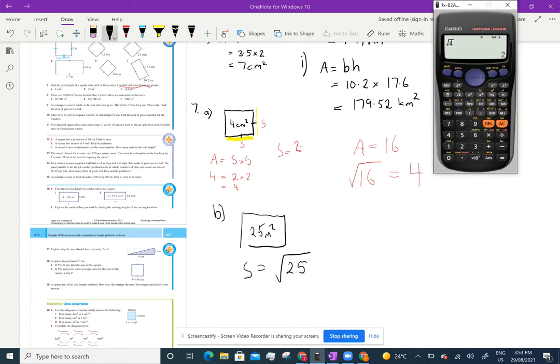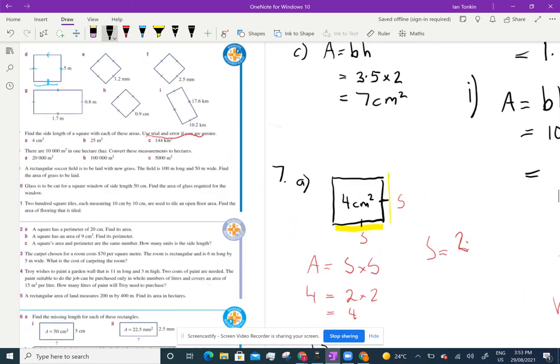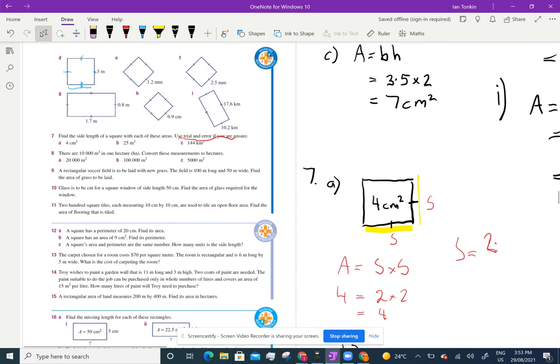Again, I'll just go straight to my calculator and I go square root 25, 5. So the side length is 5. And what that is telling me is that 5 times 5 equals 25. So I can get the side length that way. You do the last one there, 144, on your own with a calculator.